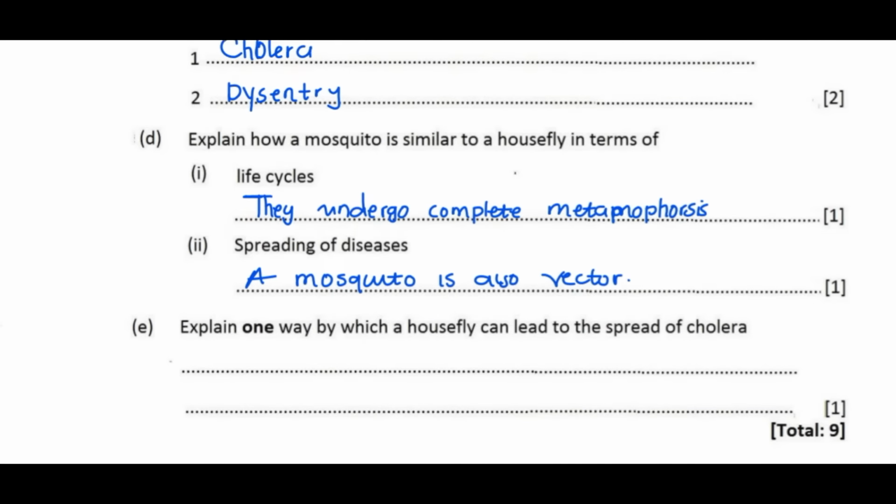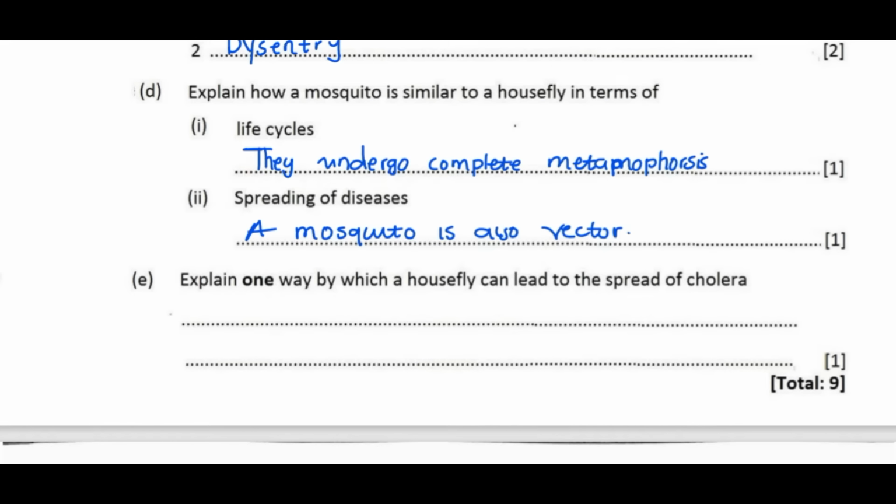Then let's go to E, where we have explained one way by which a housefly can lead to the spread of cholera. So now we are looking at, let's say, for example, there is a dump site, and also maybe you have food that is uncovered.